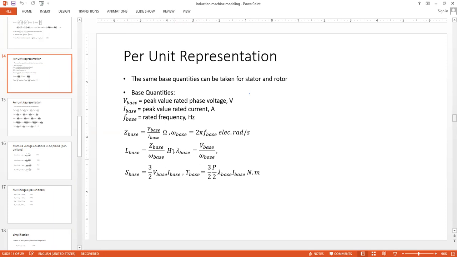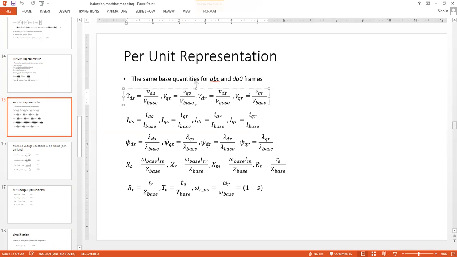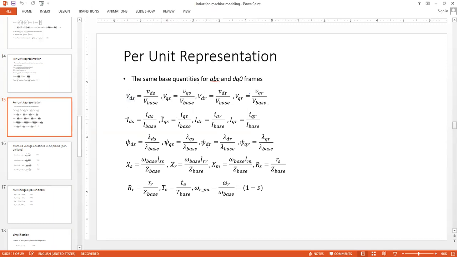All other required bases can be calculated based upon these three. Once you are done with the base calculation, slide number 15 shows how we can get the per unitized variables like VDS. The capital V, capital I, all these now represent the per unit representations.